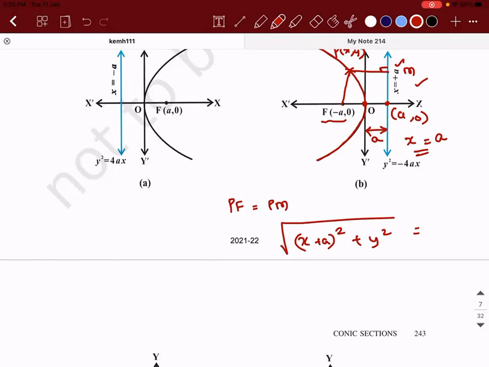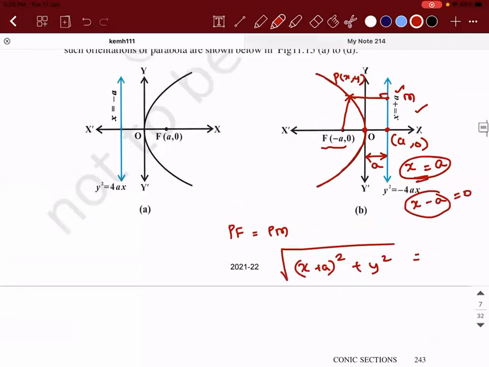No, it is not x minus a the whole square. So x is equal to a. Sir, root over x minus a the whole square. No, you will not get root over x minus a, because you don't know what is the coordinate of this point. So it is x minus a, correct? x minus a is equal to 0. Just now I told you, the distance from the point to the line is ax1 plus by1 plus c divided by root of a square plus b square.